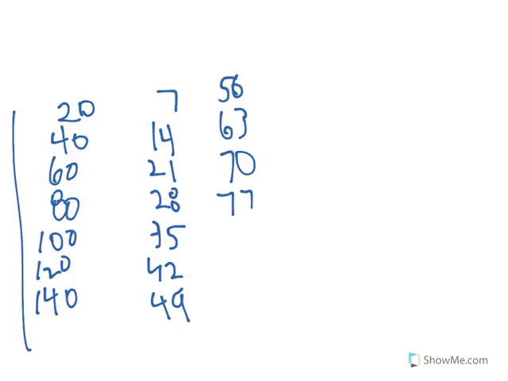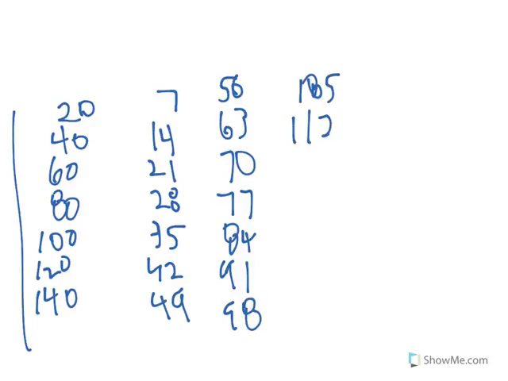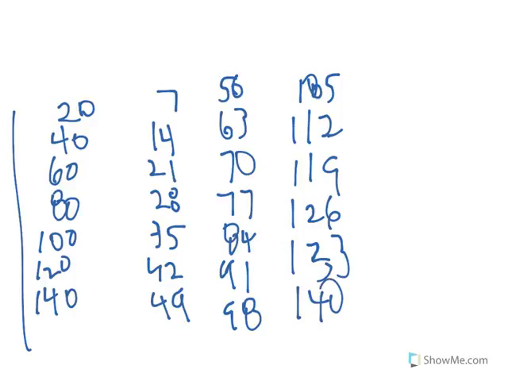So it's going to be 77, 84, 91, 98, 105, 112, 119, 126, 133, then 140. And there we finally have it.